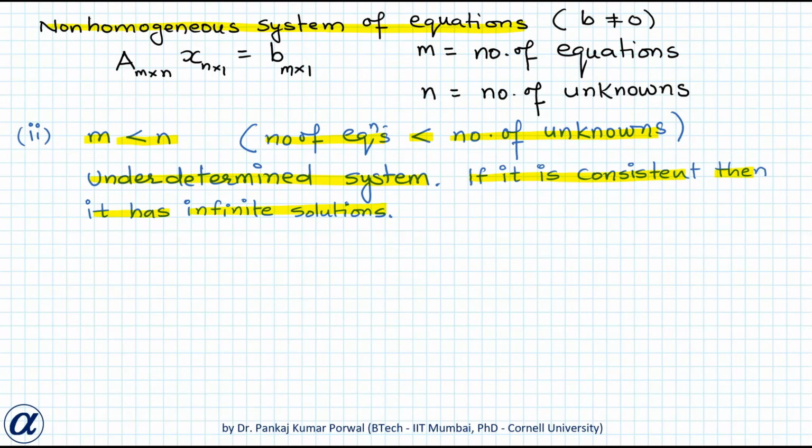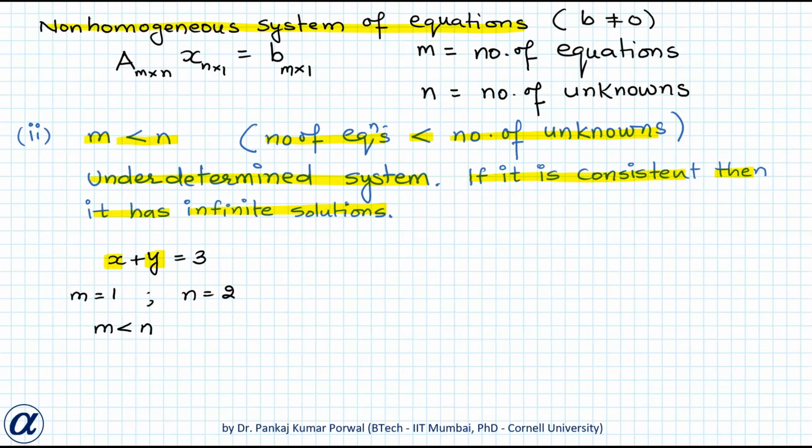So let's see this using an example. Let's consider the system of equations x plus y equals 3. Here we have one equation, so m is equal to 1, and there are two unknowns x and y, so n is equal to 2, and here we see that m is less than n.